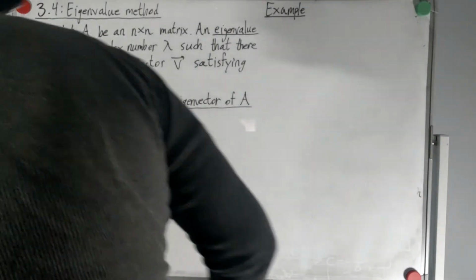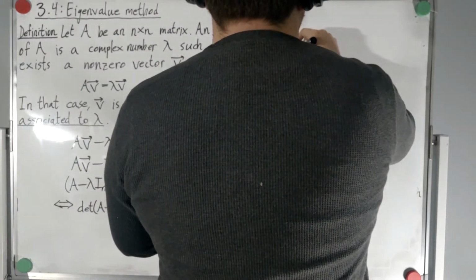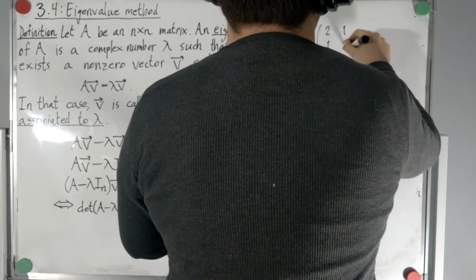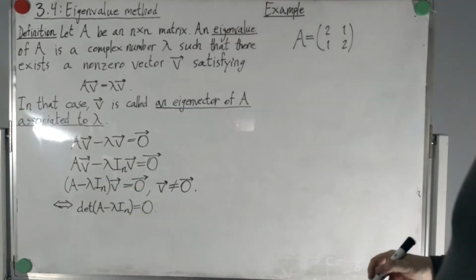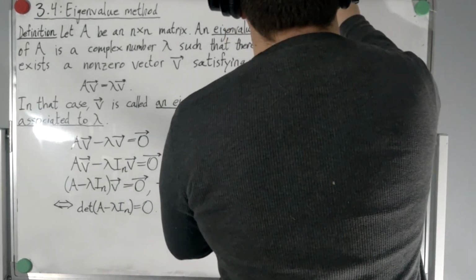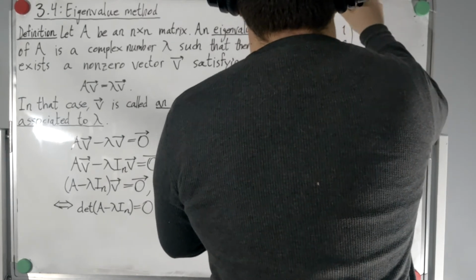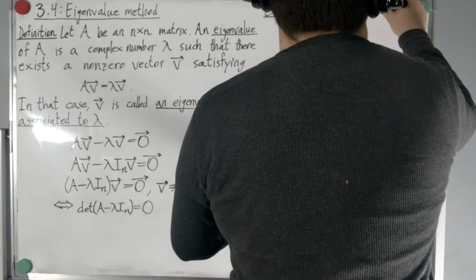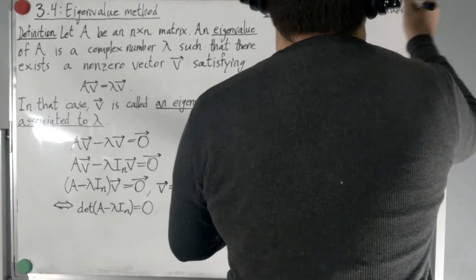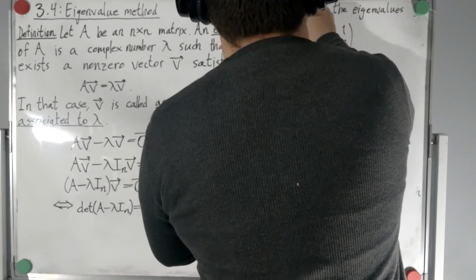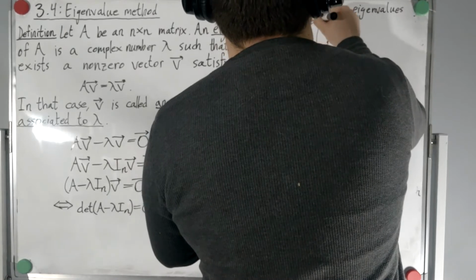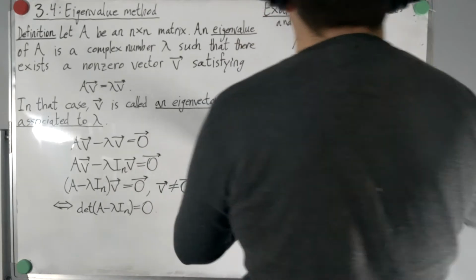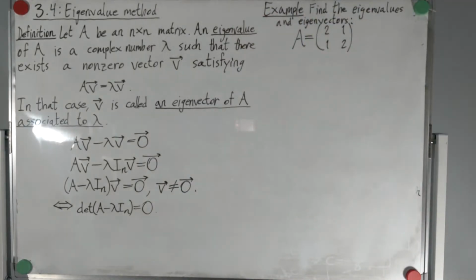Okay, I'm going to say the matrix A is 2, 1, 1, 2. I want to find the eigenvalues and associated eigenvectors for this matrix.